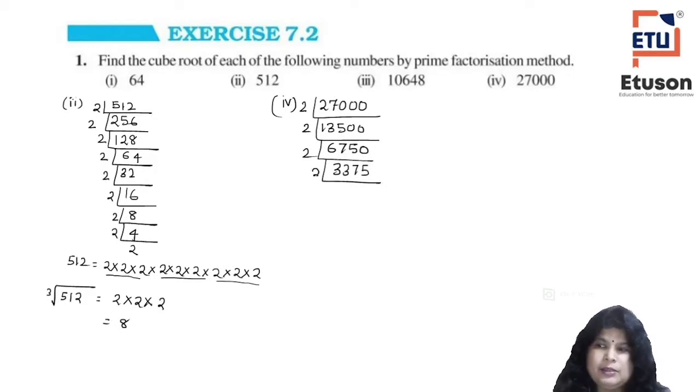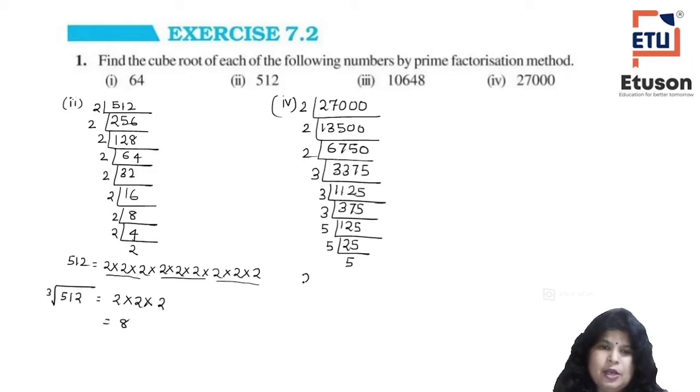Divided by 3 you get 1125. Divided by 3 you get 375. Divided by 3 you get 125. Divided by 5 you get 25. By 5 you get 5.